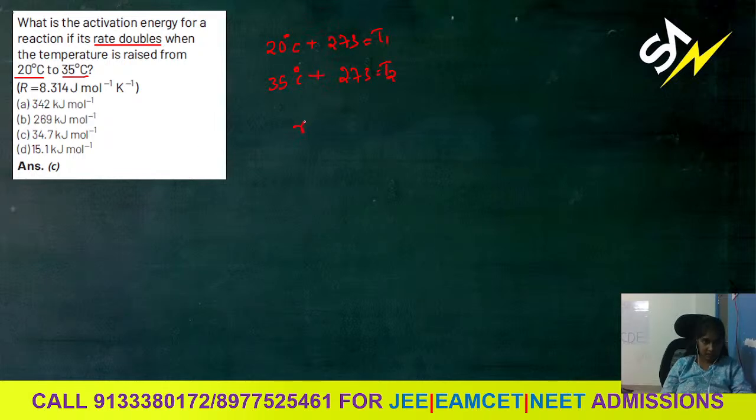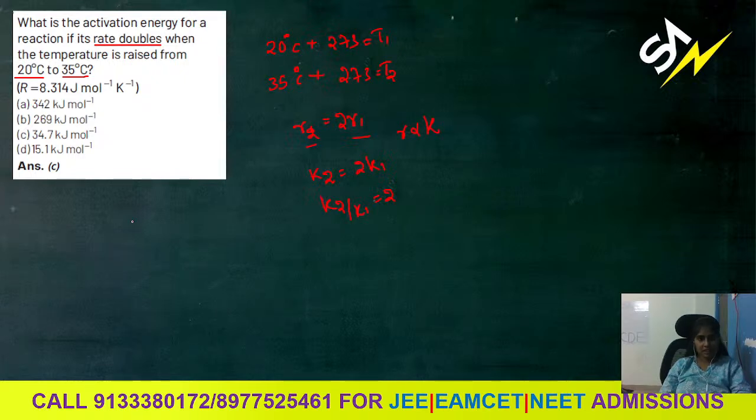Rate R2 will be twice R1. Since these rates are directly proportional to rate constants, k2 is twice that of k1. So what will be the ratio now? k2 by k1 is equal to 2, because rates are directly proportional to the rate constant.